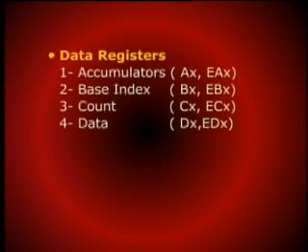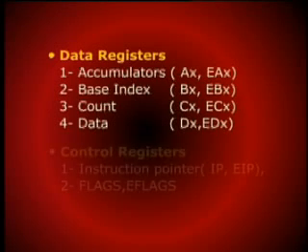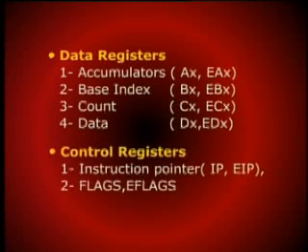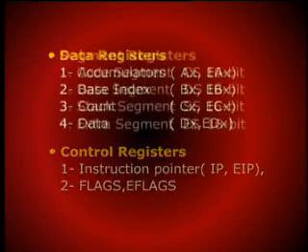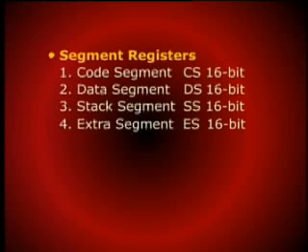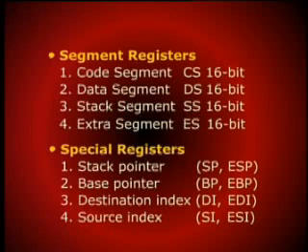In the case of Intel architecture, we have data registers consisting of accumulator, base, index, count, and data registers, and the control registers in the form of instruction pointer and the flag and E-flag control registers. There are 4 segment registers and 4 special registers.